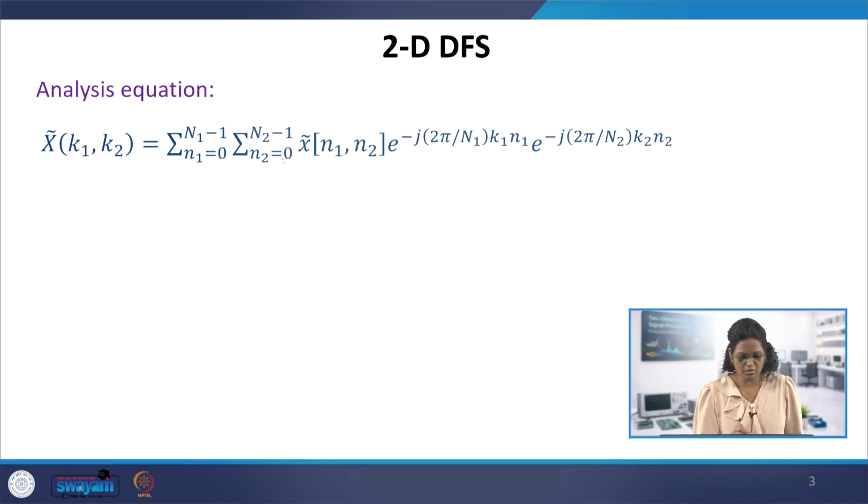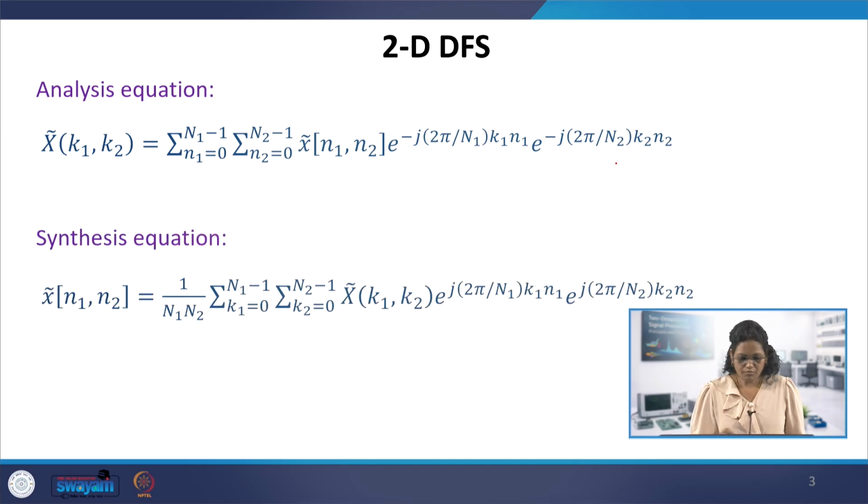Similarly, the n2 summation also varies from 0 to N2 minus 1. These are the periods. Of x tilde of n1 comma n2, e power minus j 2 pi k1 n1 by N1, this is capital N1 here, and e power minus j 2 pi k2 n2 by capital N2. And this is a discrete sequence, so it needs the summation to get into the Fourier domain.